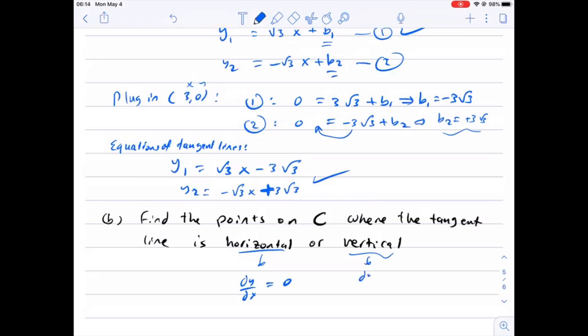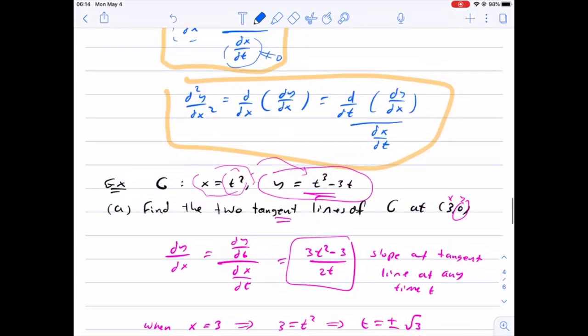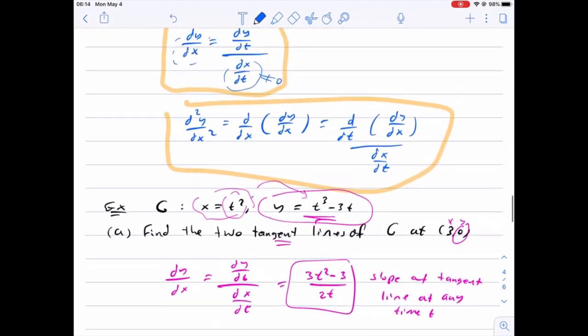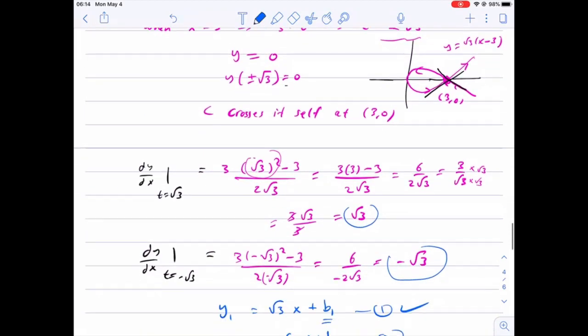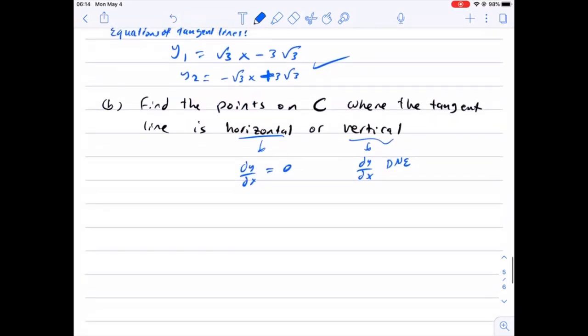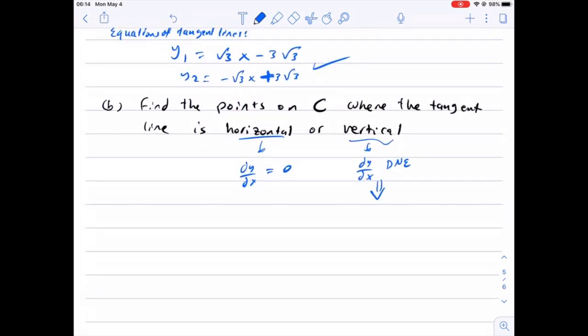And vertical means the derivative does not exist. That means the denominator should be equal to 0, because we know that dy over dx is dy over dt over dx over dt. If the denominator is 0, then it's a vertical line because it's undefined. So that means dx over dt is equal to 0.